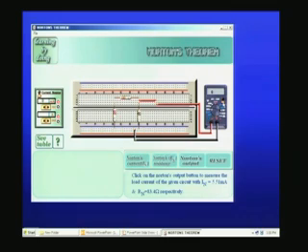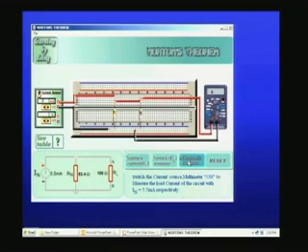Now we have calculated the Norton's current, we have calculated Norton's equivalent resistance, then we have to get the complete circuit with the load connected. This is the Norton's equivalent resistance 83.4. I will set here the Norton's current, and I will measure the current through the load resistance, and you can see the circuit here.